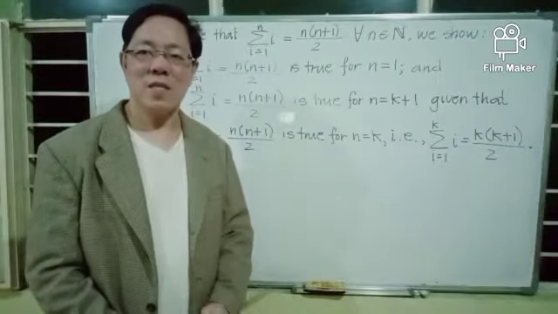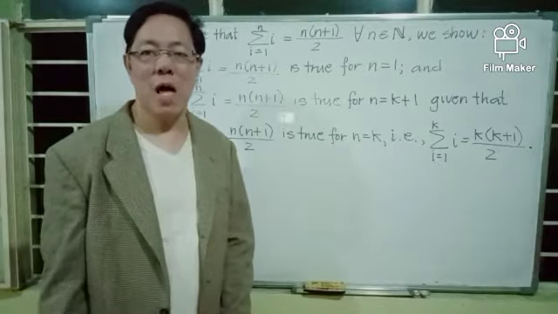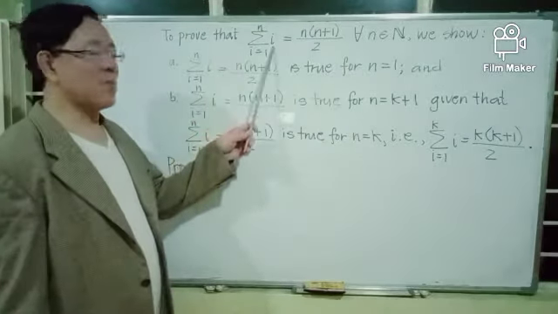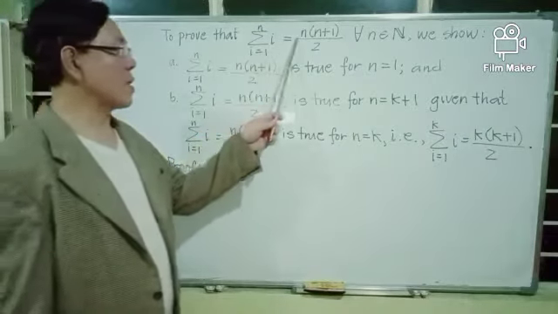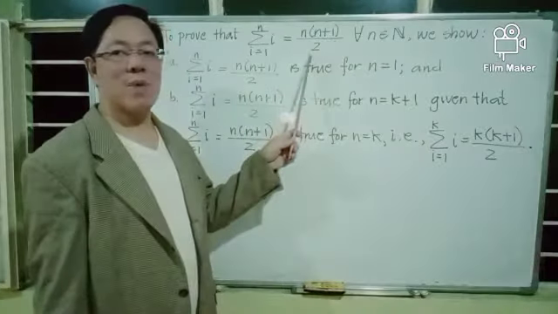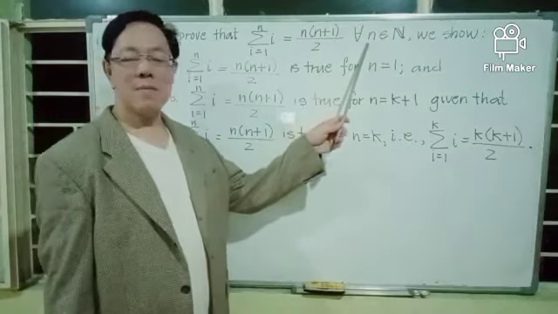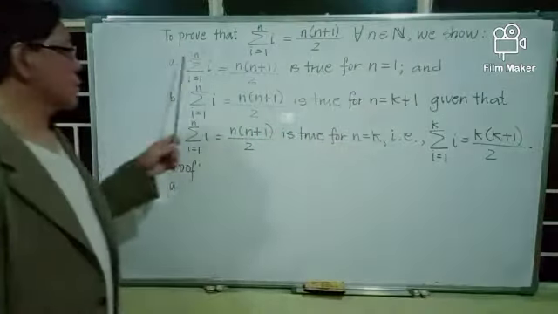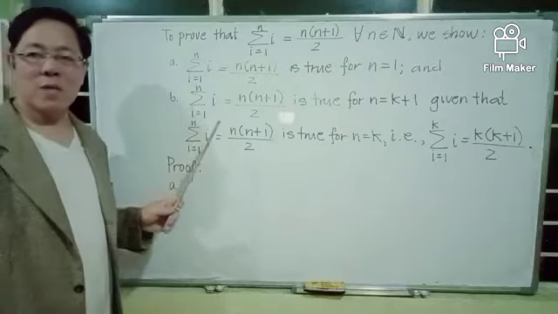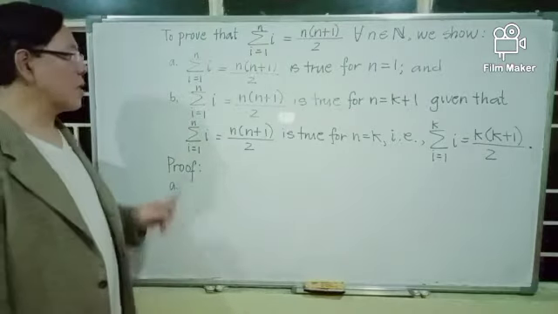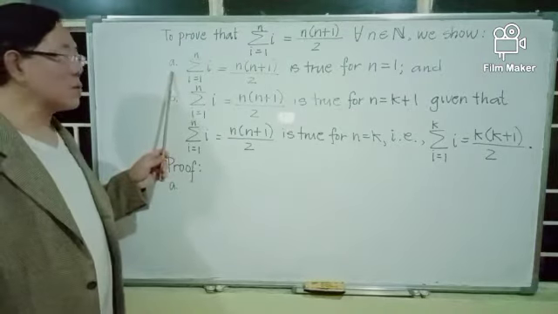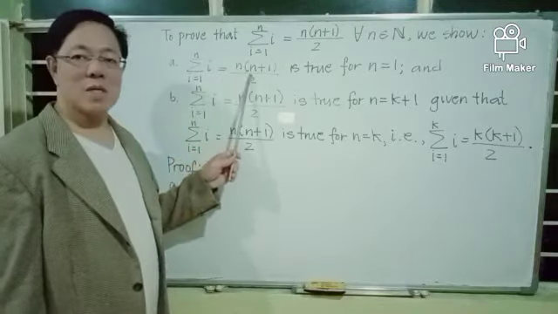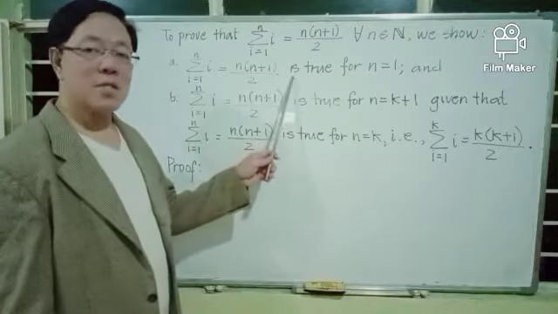Again, I will state specifically what we have to show in our proof. To prove that summation of i is 1 to n equals n times quantity n plus 1 divided by 2 for every natural number n, we show these two. According to the principle of mathematical induction, letter A, we must show that summation of i is 1 to n equals n times quantity n plus 1 over 2 is true.